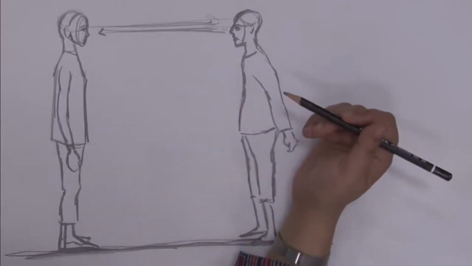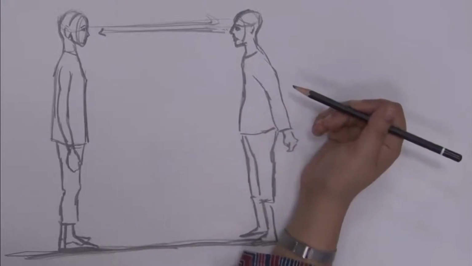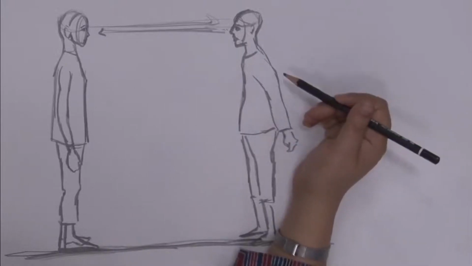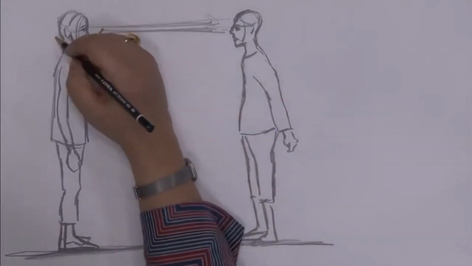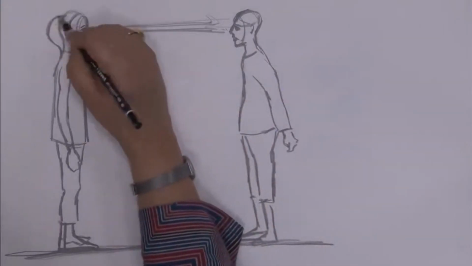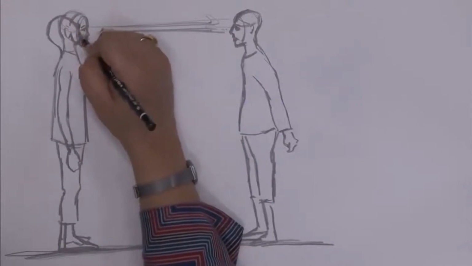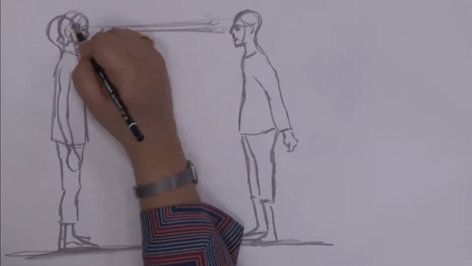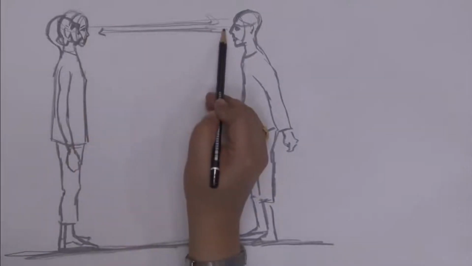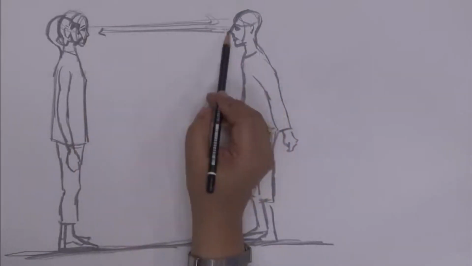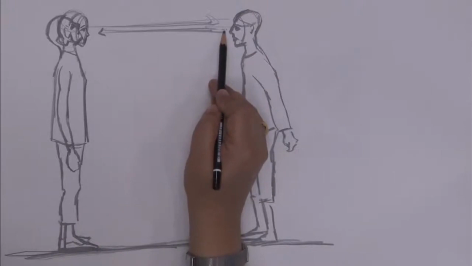It can also happen that the moment the eye direction changes, for example, if the person looks up, instead of looking there, it will immediately go in a different direction.